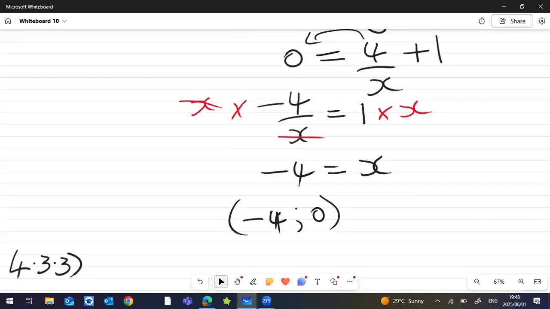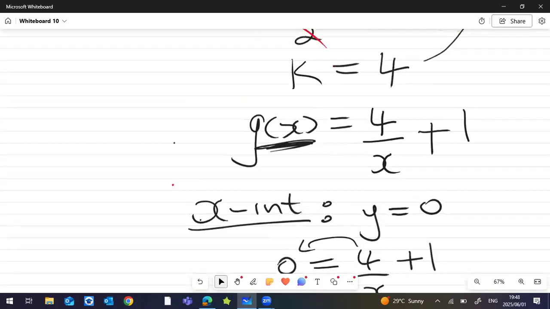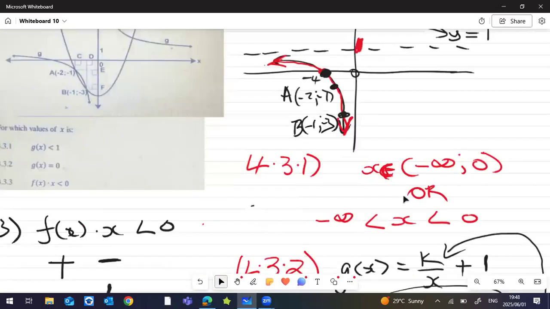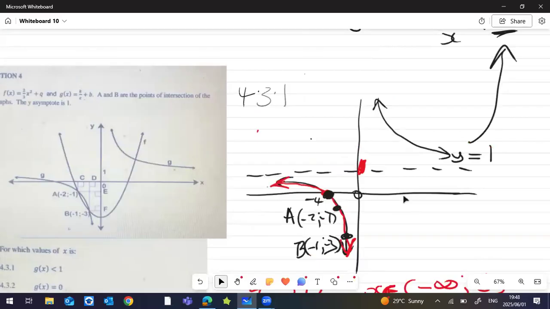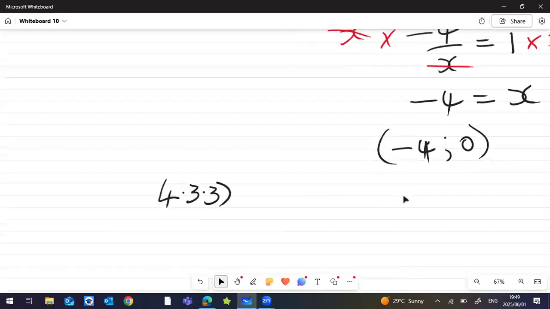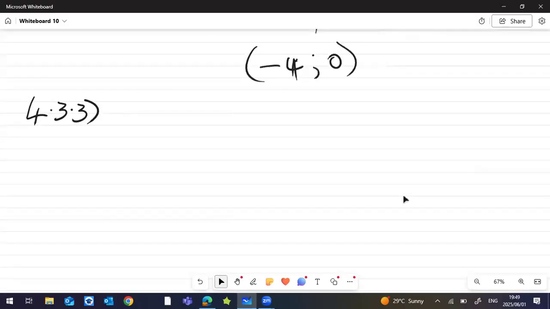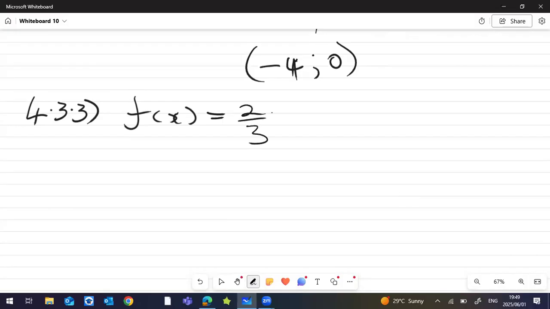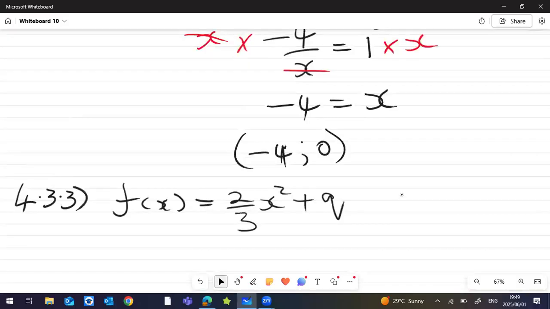Function of the parabola is given by what? Let's go back to our parabola. It's f of x equals 2 over 3 x squared plus q. So we need to find the q value.